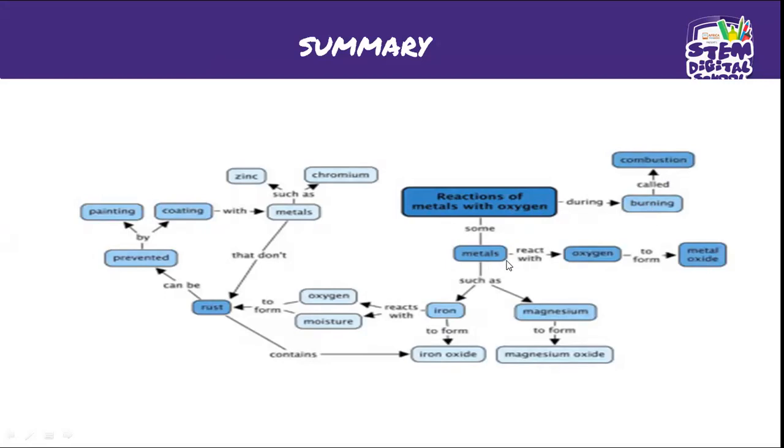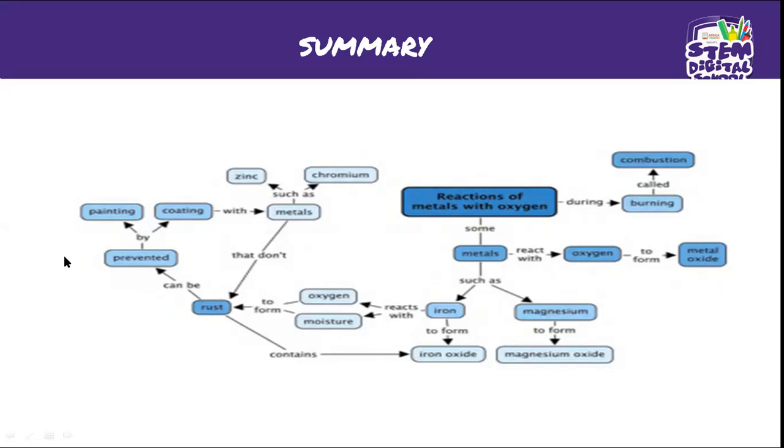We also looked at metals reacting with oxygen to form metal oxide. Then when we come back to the left-hand side, we also spoke about rusting, and we are saying when iron reacts with oxygen and moisture, we form what? Rust. I hope you are seeing these arrows. Okay, and this rust contains iron oxide.